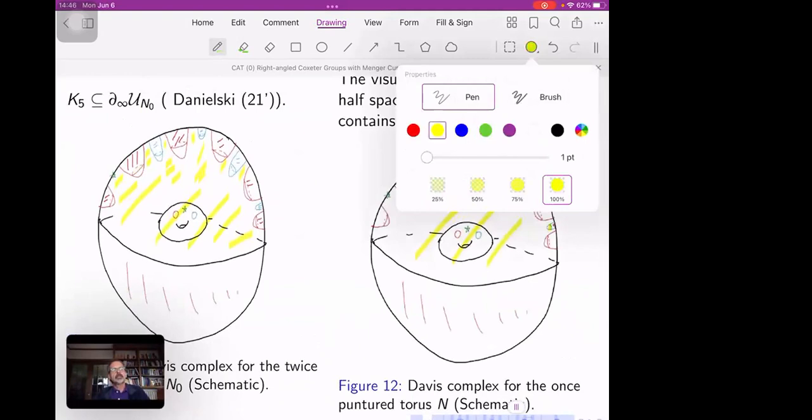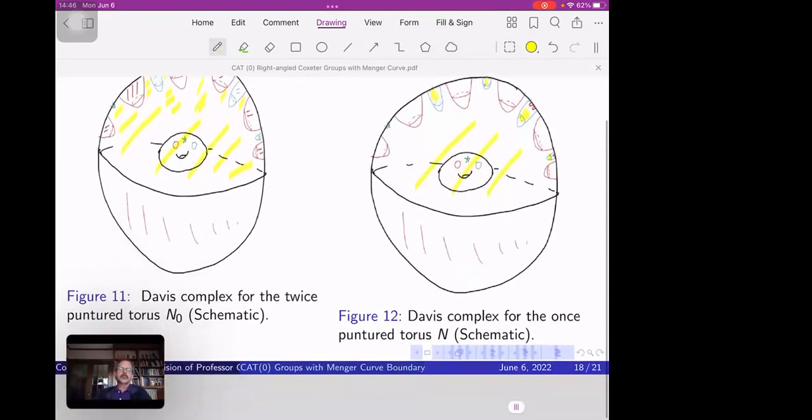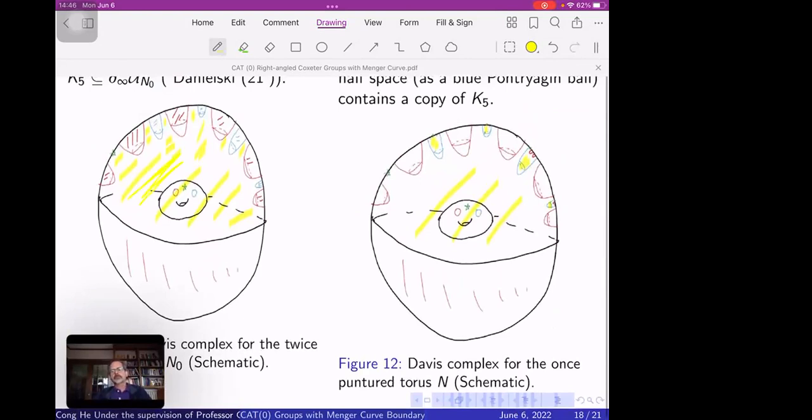So let's recall the previous picture. The left-hand picture is a Davis complex for the twice punctured torus, and the Davis complex is the yellow part. Compared with the left one, the Davis complex for the once punctured torus is the yellow shaded part. Of course, this time you should include all of this in the blue.